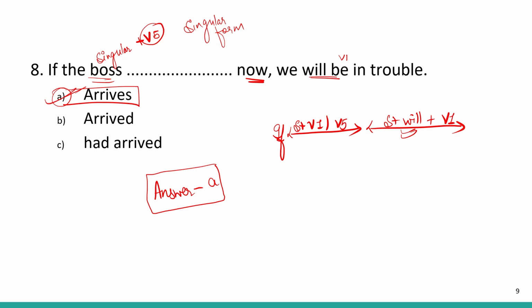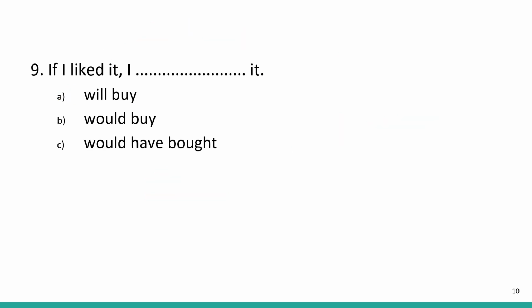Now let us move to the next question. If I liked it, I dash it. Now again we can see that we have been given the first clause, that is subject plus verb second form. If it is verb second form, this means that this is type 2 condition.